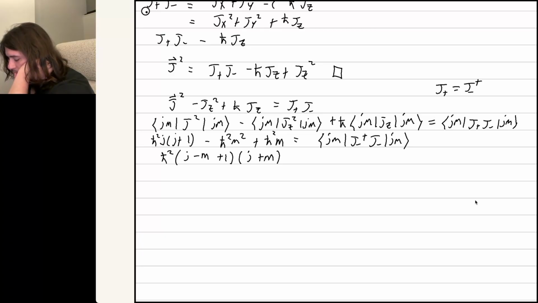Is that right? You still have the j squared. You have minus mj, you have plus mj. You have j, you have m, you have minus m squared. Yeah, looks good.